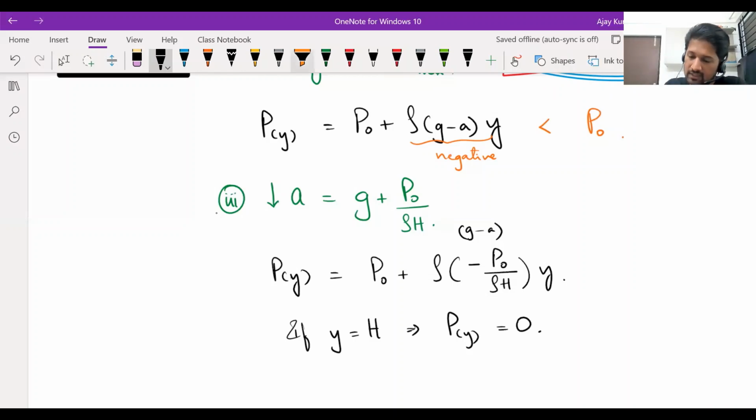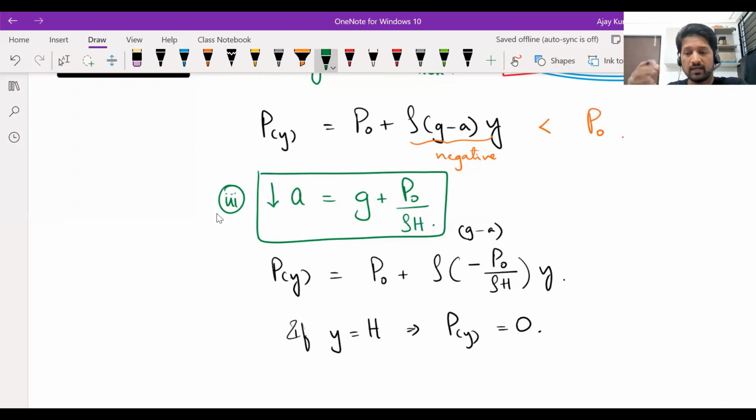So if the container goes with this much acceleration, which is the maximum acceleration that the liquid can attain, both are going with the maximum possible acceleration. So they are just about to lose contact. If the container accelerates any faster than this, the liquid will start rising inside the container.